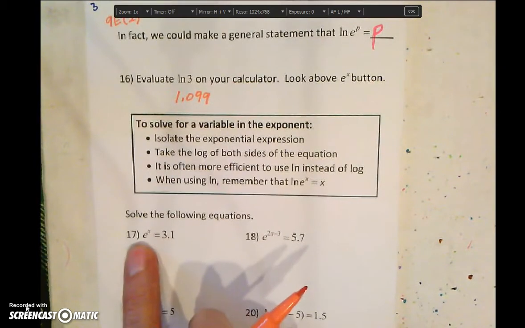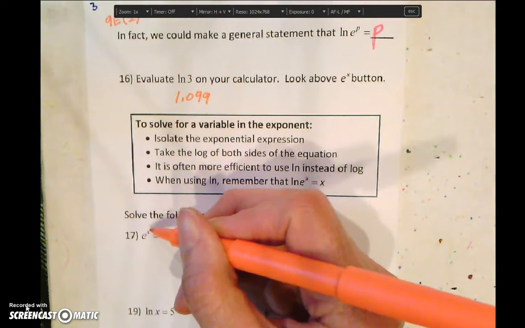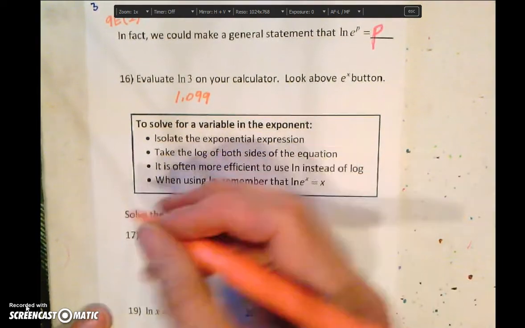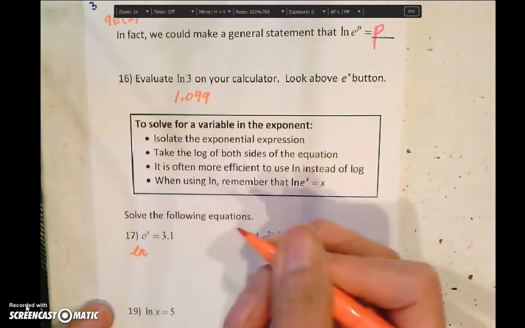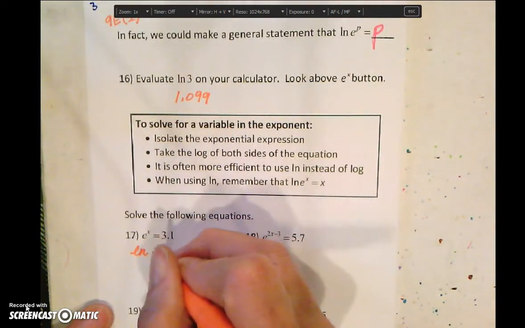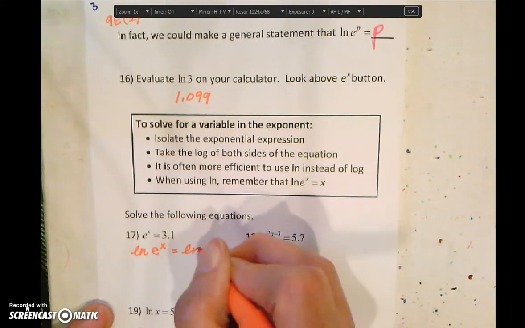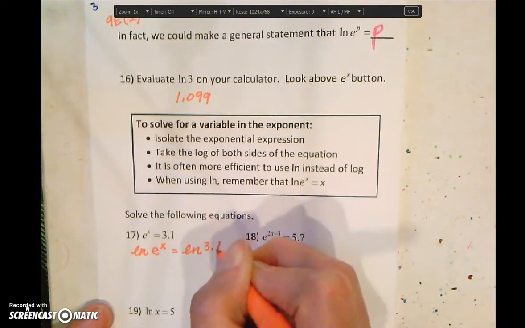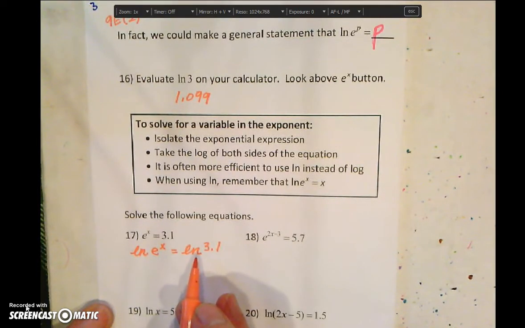So in problem 17, you see I've got an exponential expression because I have a variable in the exponent. So to get it out, I have to take the log of both sides, and I'm going to use ln for this instead of log. So ln of e to the x is equal to ln of 3.1. So whatever I do on the left, I need to do the same thing on the right.